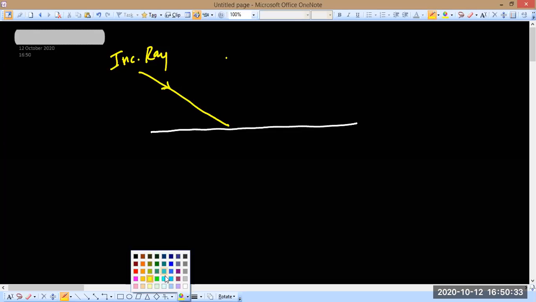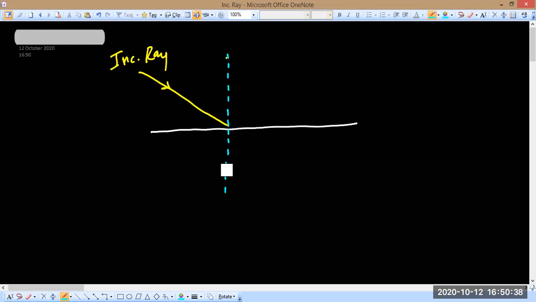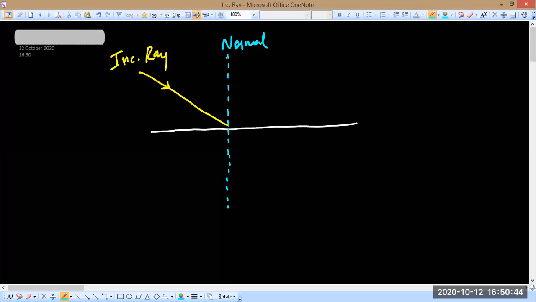Okay, and here is normal, and here is normal, right? This is called the boundary. I hope you understand why. Or it is called surface, right? Where the medium is changing.